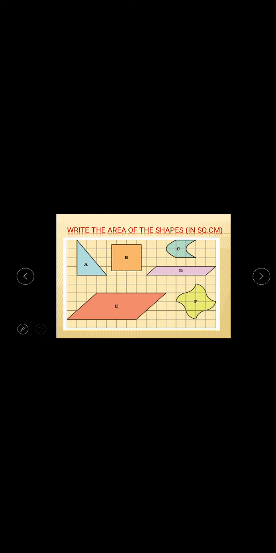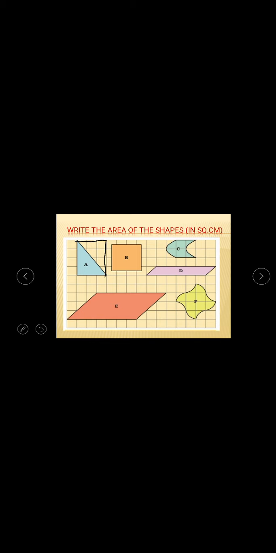Let's begin with our first figure A. Here you can see that it's a triangle. So just try to form another triangle so that we will get one figure. Now here you can see there is a rectangle and this triangle A is half of that rectangle.